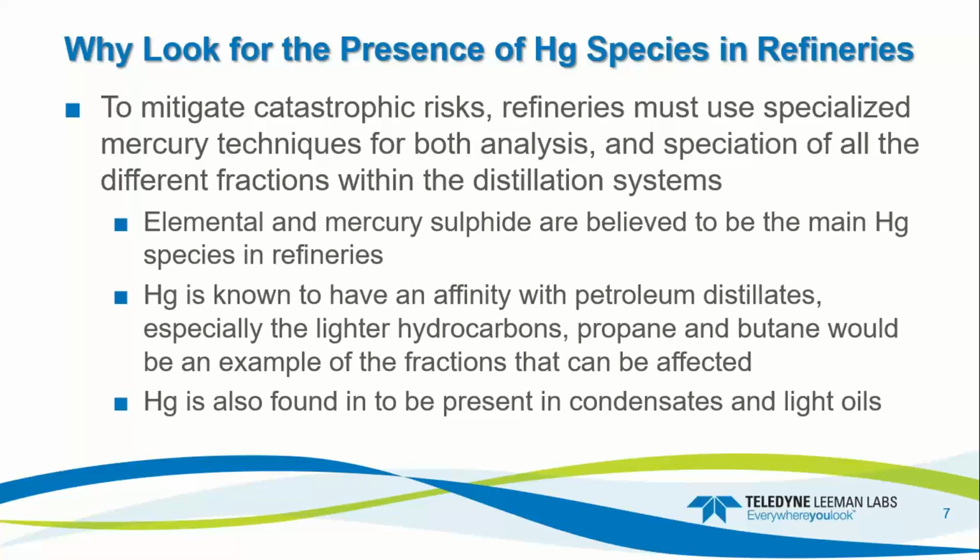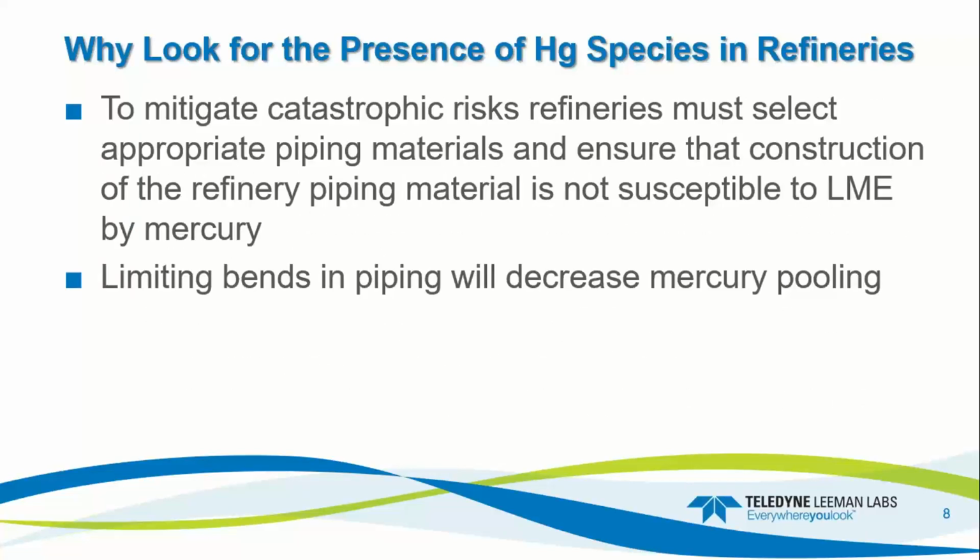Mercury is also known to have an affinity with petroleum distillates, especially the lighter hydrocarbons, propane and butane being examples of these fractions. Wherever those fractions are heading within the refinery would be a place to watch out for LME. It's also found to be present in condensates like the light oils, so that part of the fraction in the refining process would also be a point of concern.